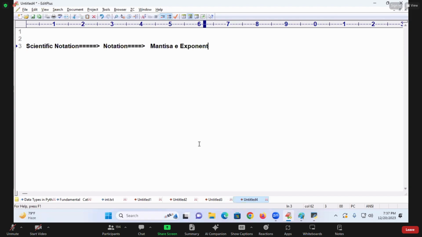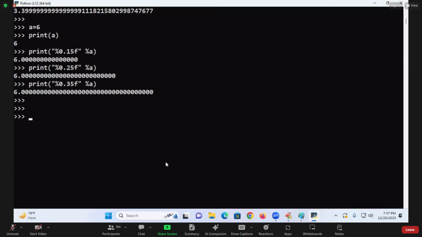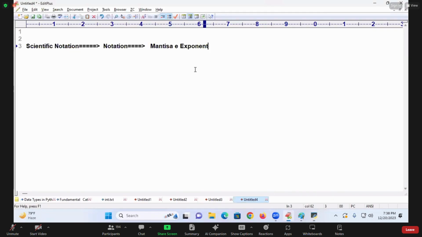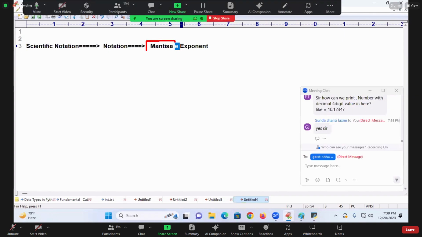Sir, how do you take it? I'll go to my program. A is equal to 3E2. What is 3? I told you, mantissa. What is the next part? E. When this format is given, they will ask what the equivalent float value is.